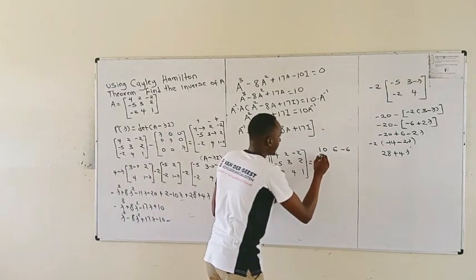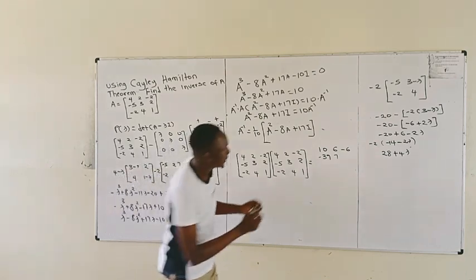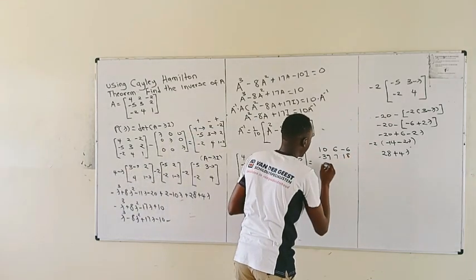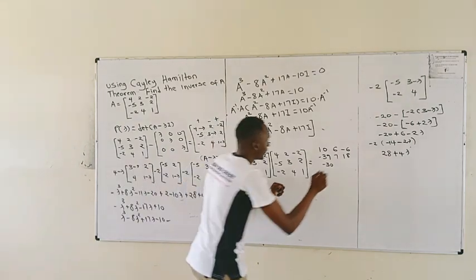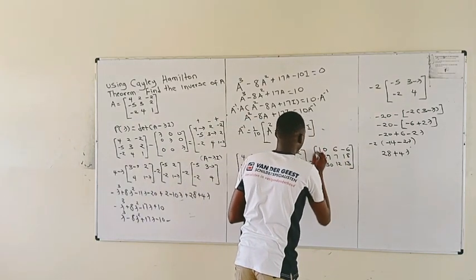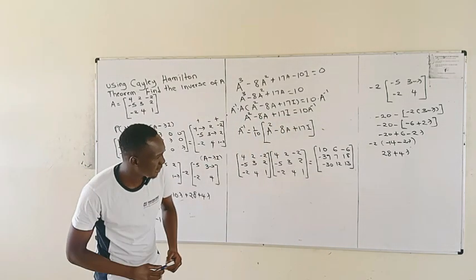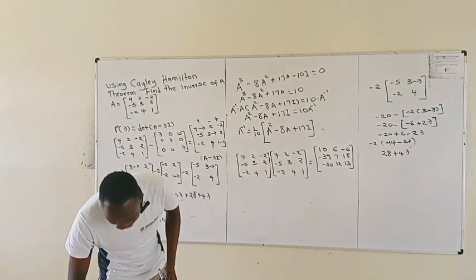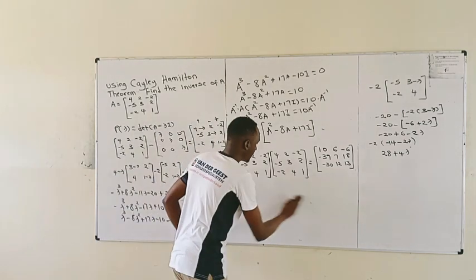negative 39, 7, 18, negative 30, 12, 13. When we solve A squared, we'll have 10, 6, negative 39, 7, 18, minus 30, 12, 13.